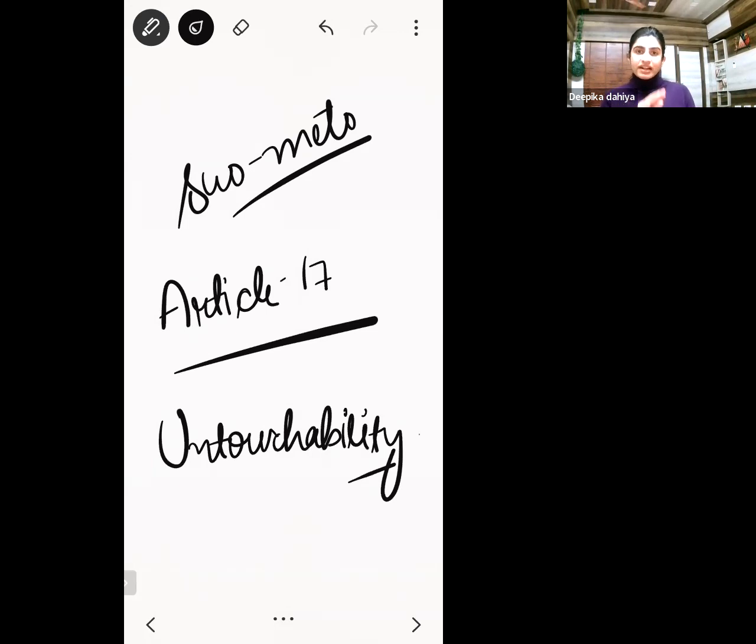Untouchability doesn't mean you can't touch someone. No, that's not the literal meaning of it. It's a social practice, a social evil that Indian society, especially the Hindu society, has been practicing for centuries, in fact, prior to partition.